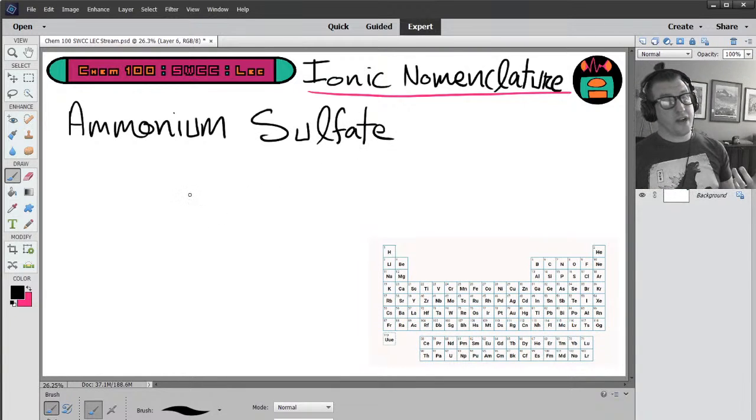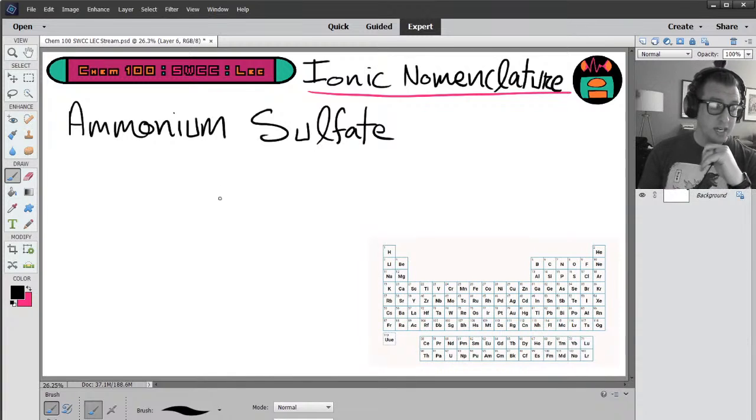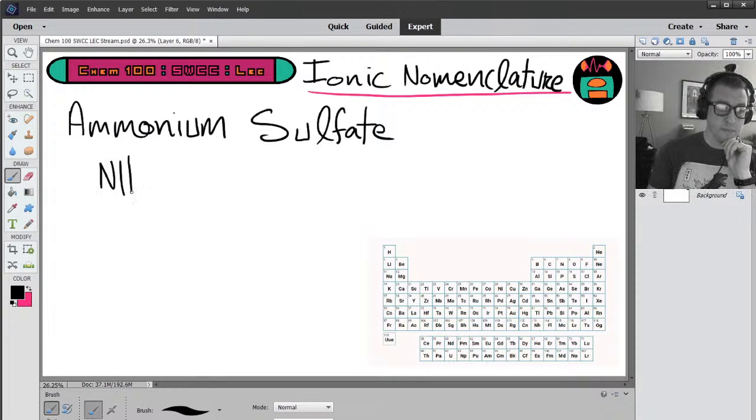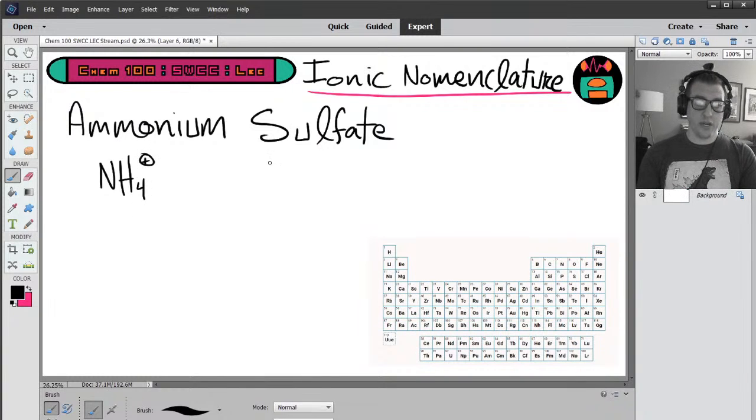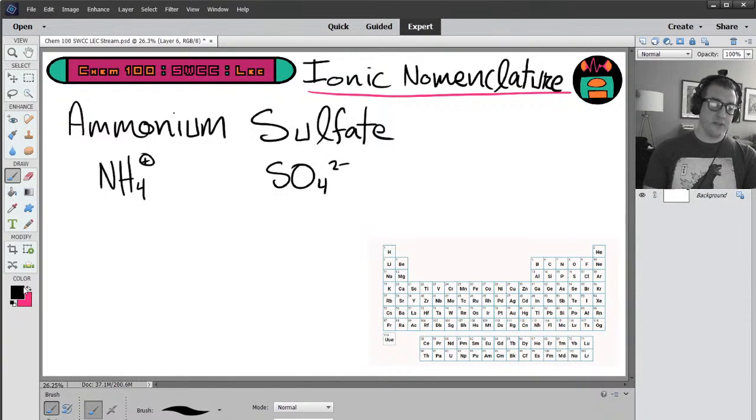Now, you won't find ammonium or sulfate on the periodic table because they are both polyatomic ions. Ammonium has a formula of NH4 with a charge of +1. Sulfate is SO4 with a charge of -2.